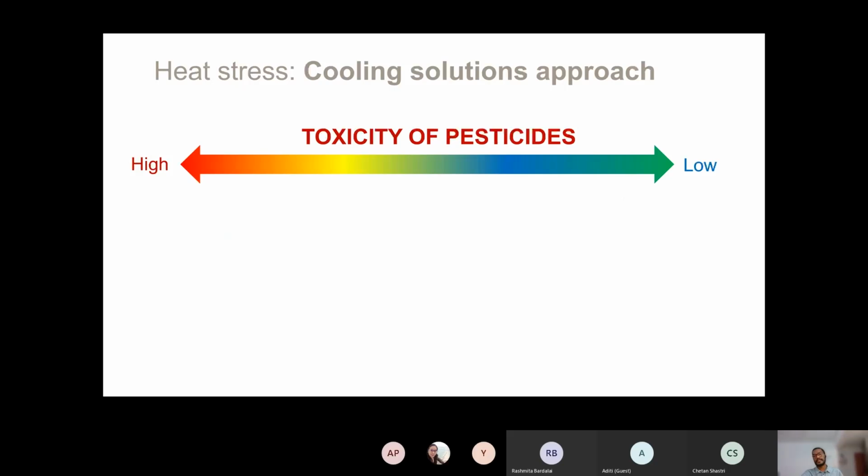To throw more light into that area, the range of pesticides being used in the industry varies from low toxicity to very high toxicity.